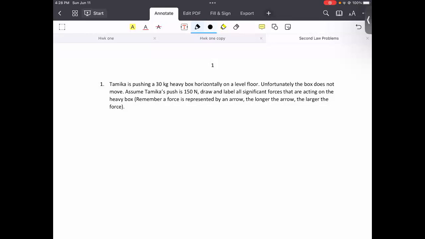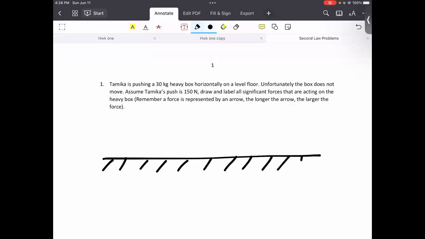All right, so usually when we talk about the surface, we usually draw the surface like this. So our surface here. And the heavy box can be represented by a box. So we draw our box like that.